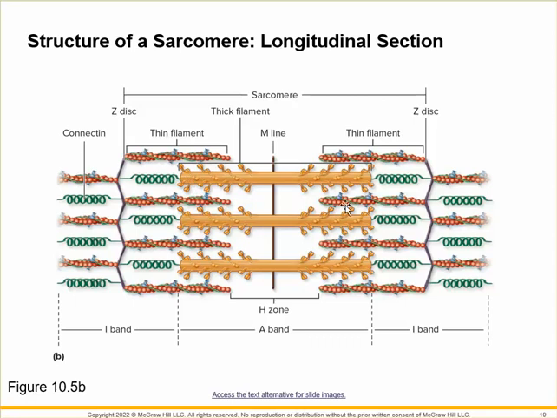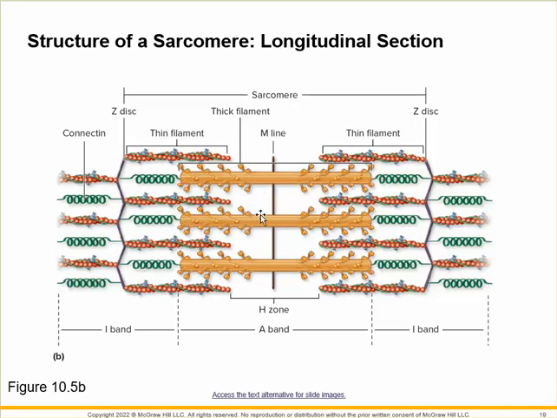Okay, these are thick filaments. These are thin filaments. The thin filaments, you'll note, are attached to the Z disc. And they extend into this sarcomere over here and this sarcomere here. So the Z disc is kind of a part of both sarcomeres.